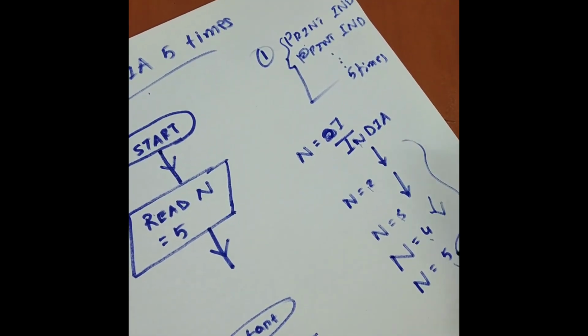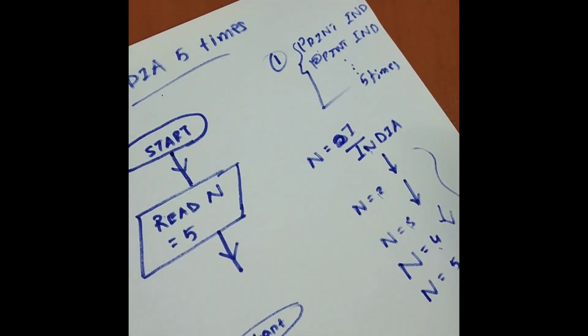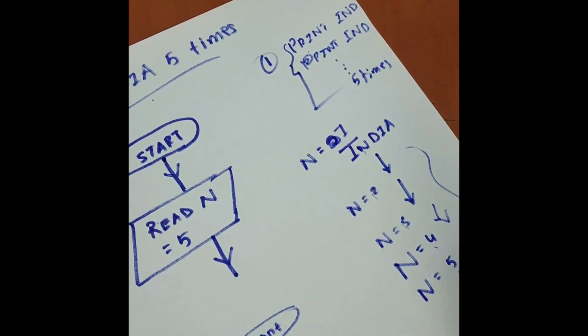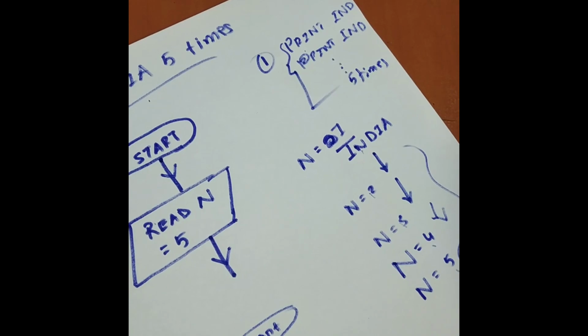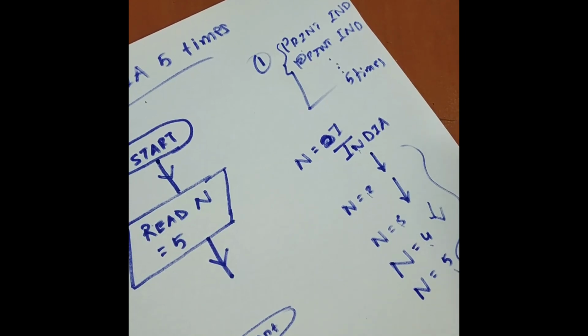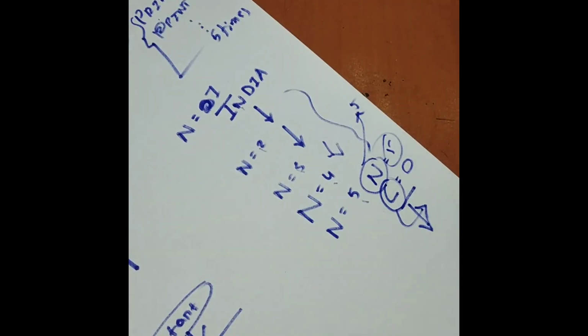This n is denoting the maximum number of India that should be printed, that is 5, and the C is denoting the number of times India is printed till now.